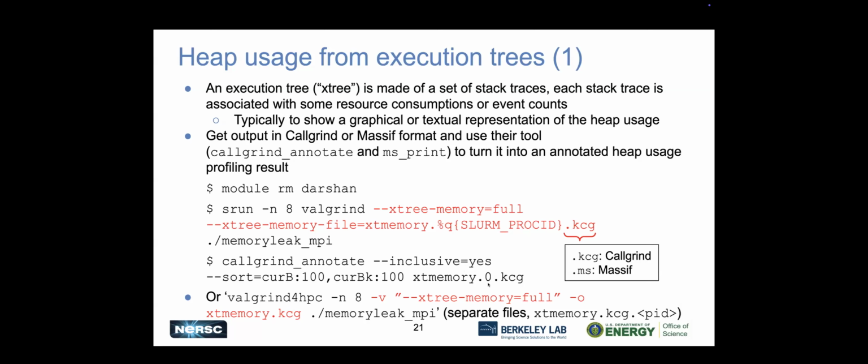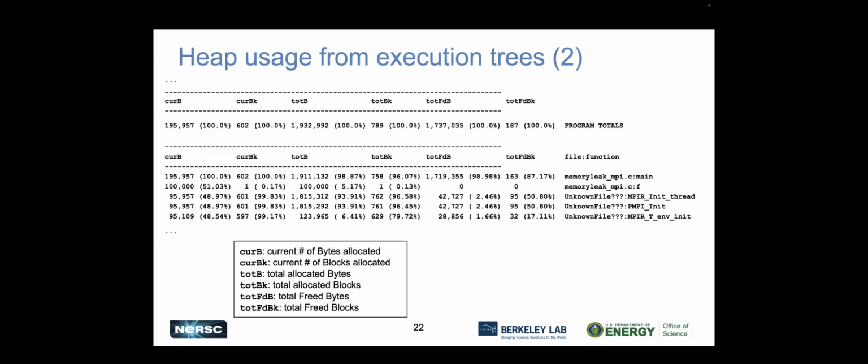Then you print out the ASCII text output, or you can use Valgrind4hpc like this. So this is the output. It shows that curB is the current number of bytes allocated. Whatever ends with K means the number of blocks, not the bytes.